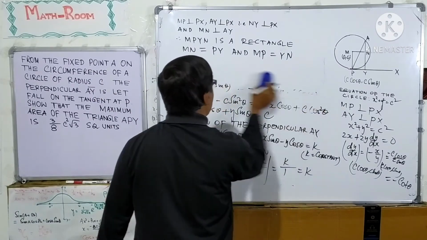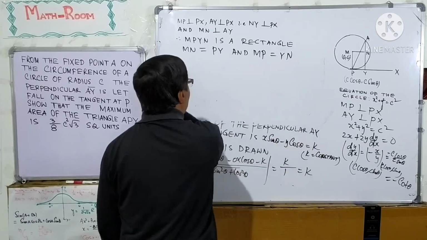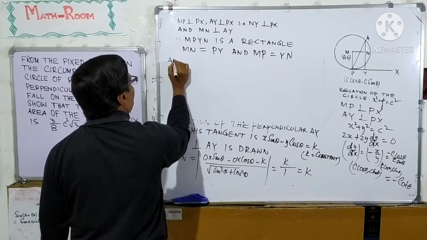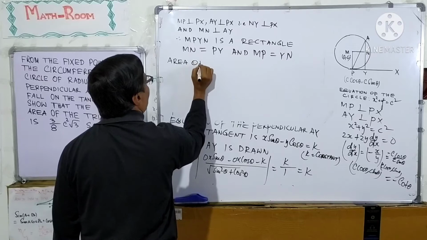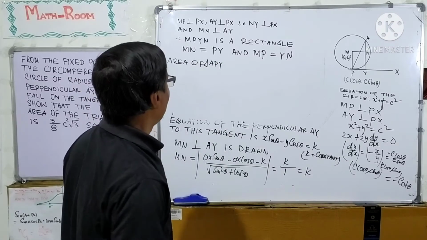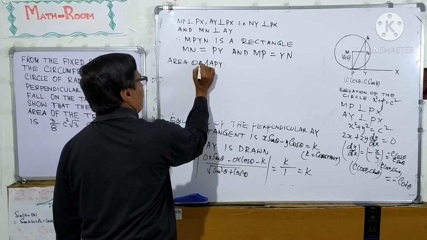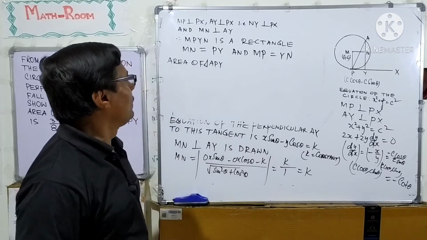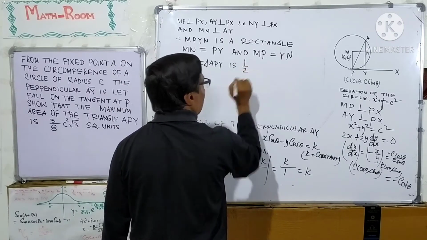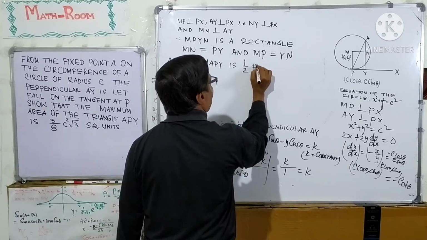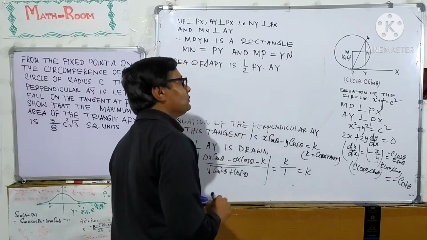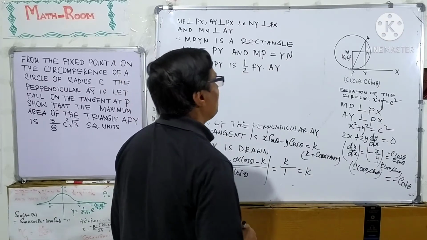So, the area of the triangle APY is half into PY into AY.